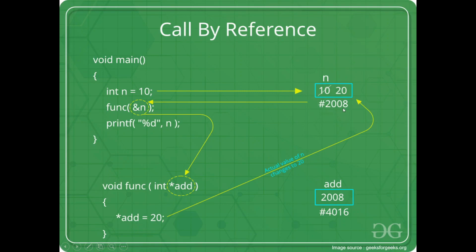If the address of the variable was 2008, that value was passed when the function was called, and this pointer rewrites the value of variable n from 10 to 20. Hence after the function is executed, when we print out the value of n, the answer will be 20. That happens when we call a function with the call by reference method.